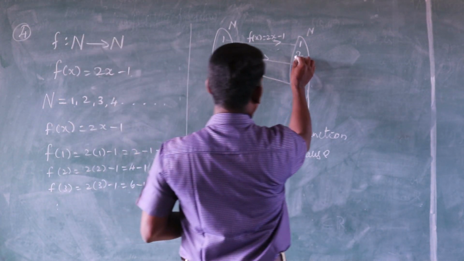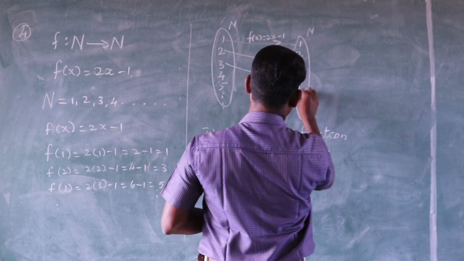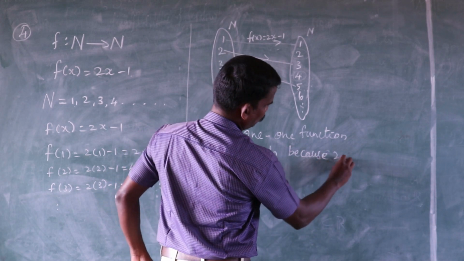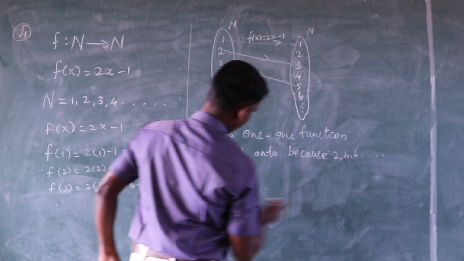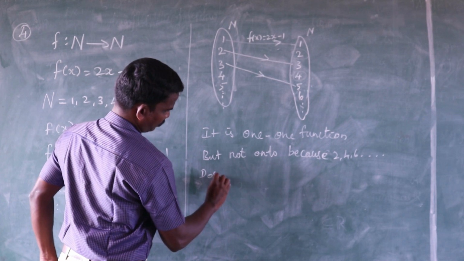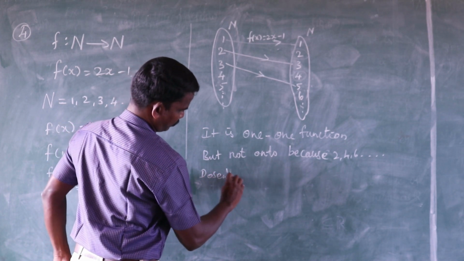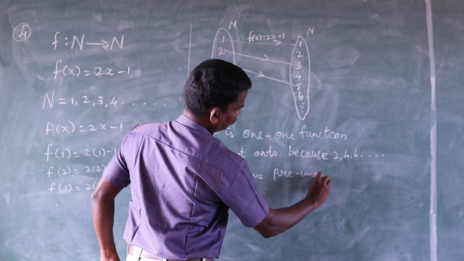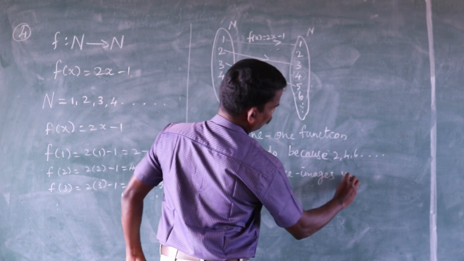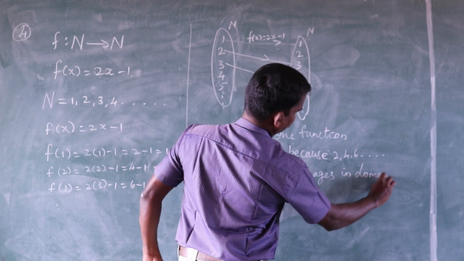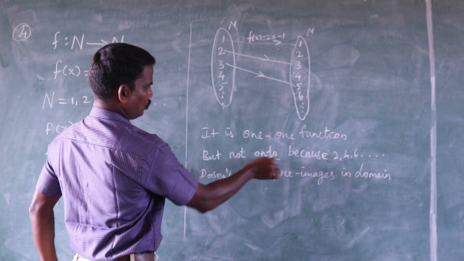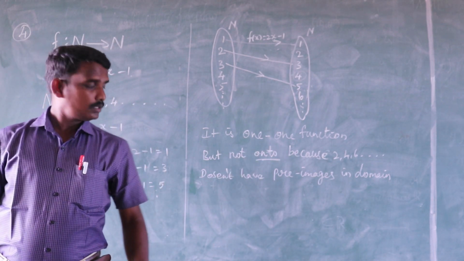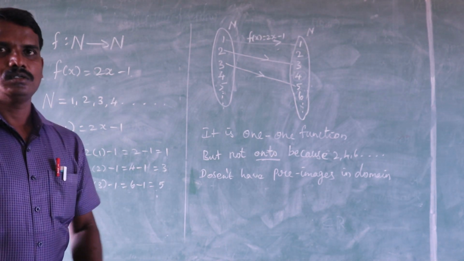So even numbers in the codomain, that is 2, 4, 6 like that, because 2, 4, 6 and so on don't have pre-images in the domain. So it is not onto. Can you understand, students? Okay.